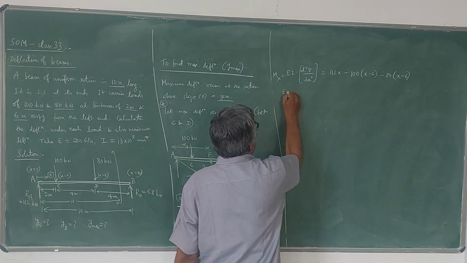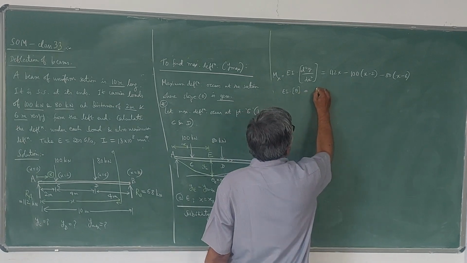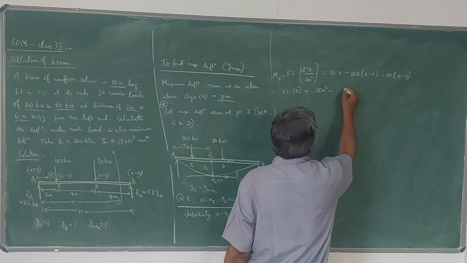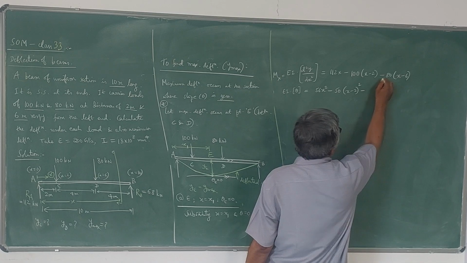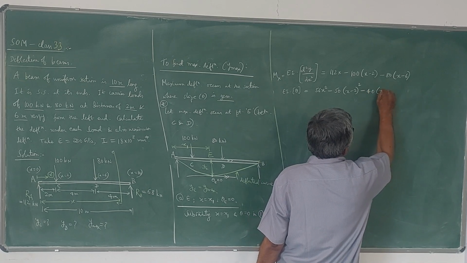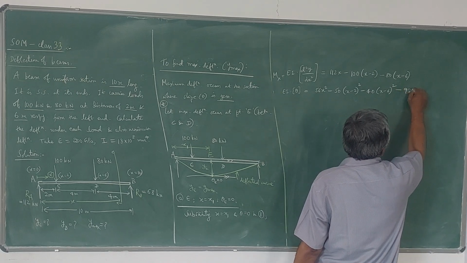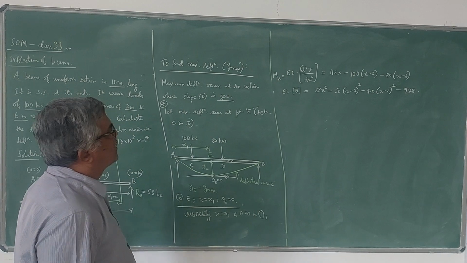If you integrate this, you will get the slope equation. EI into theta or dy by dx is equal to 56x square minus 100 by 2 is 50 into x minus 2 whole square minus 80 by 2 is 40 into x minus 6 whole square plus C1, which is minus 920. This is the slope equation.